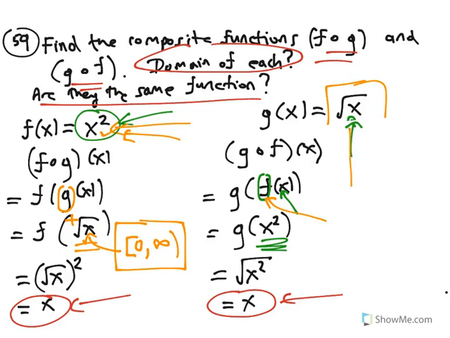It does, because the second function is square root, and you can take the square root of any non-negative number, and the output values from the first function will be non-negative.